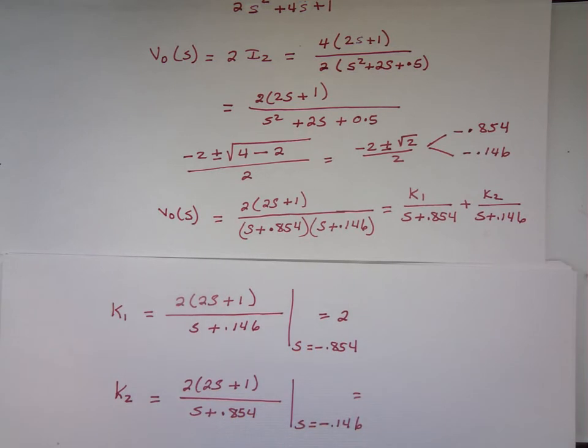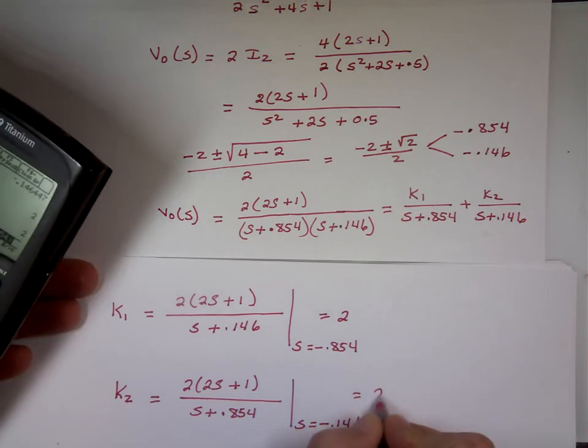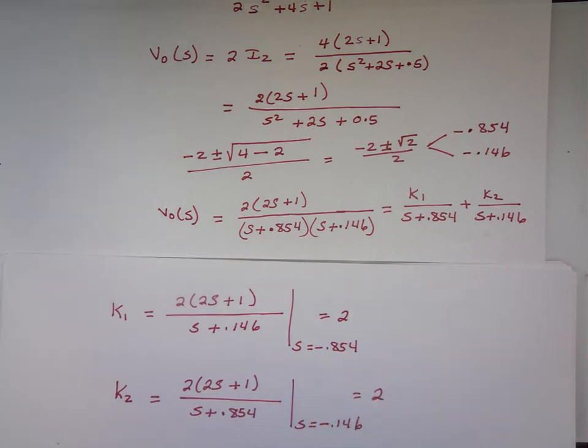Let's do the same thing here. 2 times parentheses, 2 times negative 0.146 plus the 1, close parentheses, divided by open parentheses, negative 0.146 plus 0.854, close parentheses. And I got a 2 for that one too. It's like we planned it that way, huh?